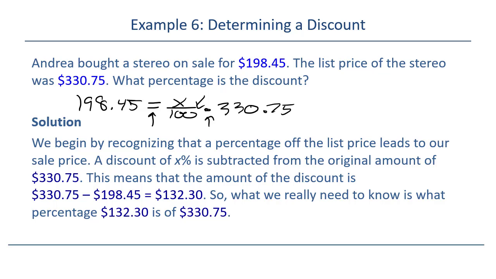And if we do the math and we go, oh, it's 75% of the original price, then I know the discount was 25%. So you could always do it this way and get 3.3075x equals 198.45, right? Because all I did was divide this by 100, which moves the decimal twice. Then you would divide both sides by 3.3075 to solve for x. And that's how you get your answer.